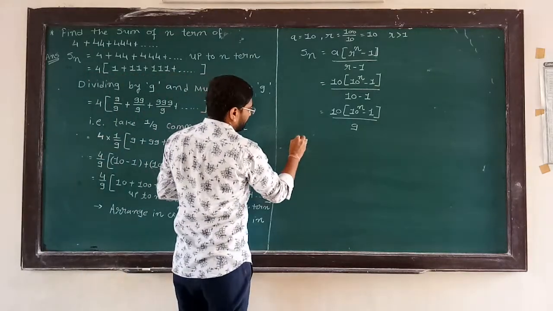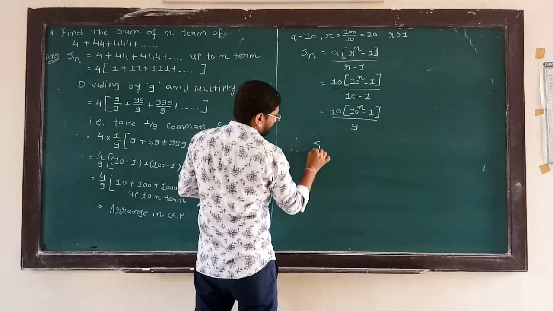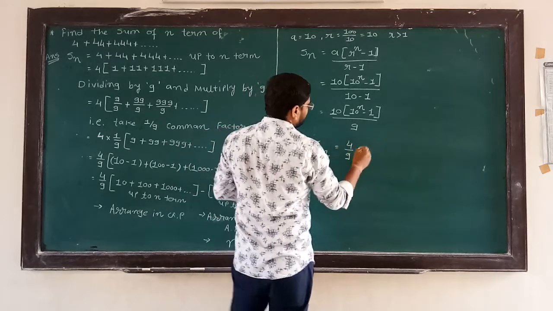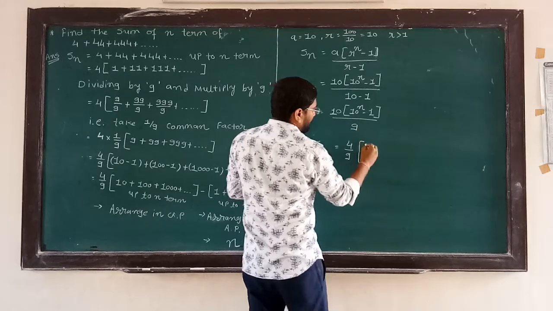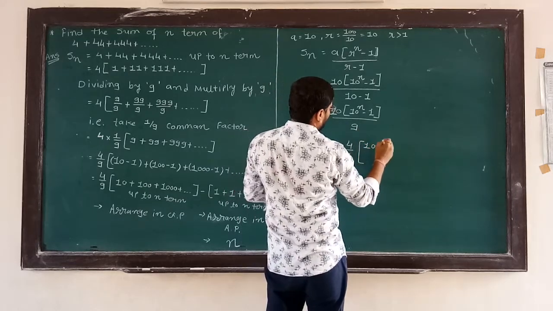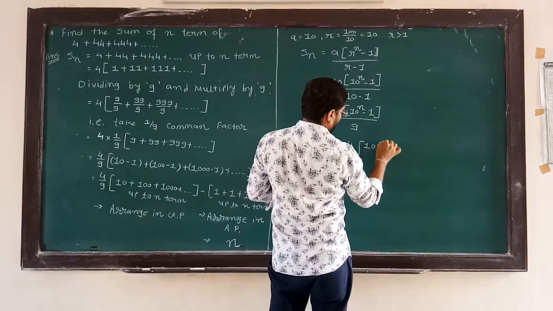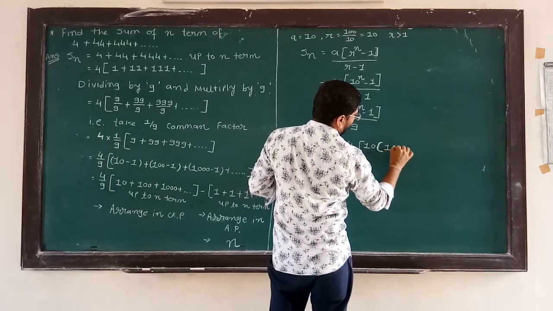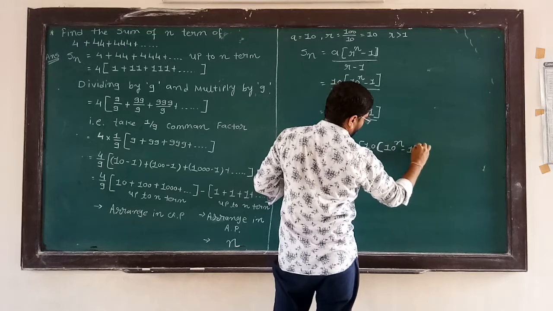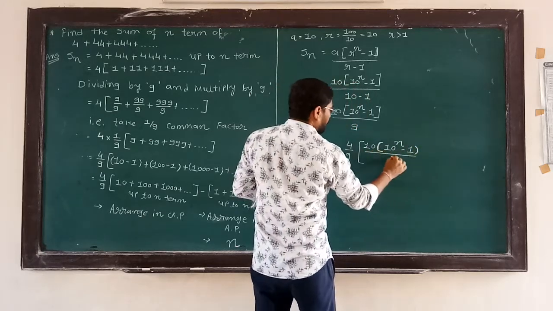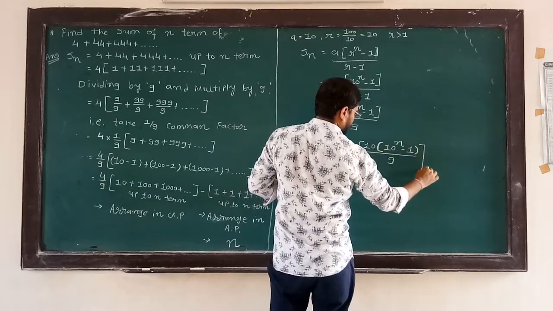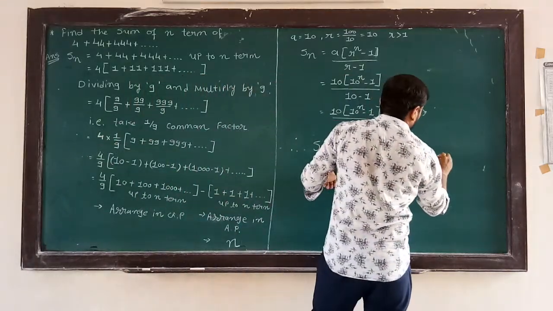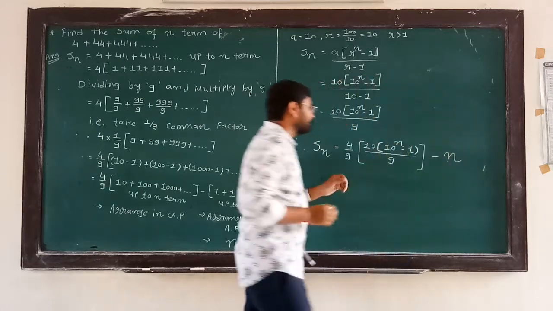So here 4 by 9 in bracket, 10 power n minus 1 upon 9, and another part is n, and the sign of n is minus n.